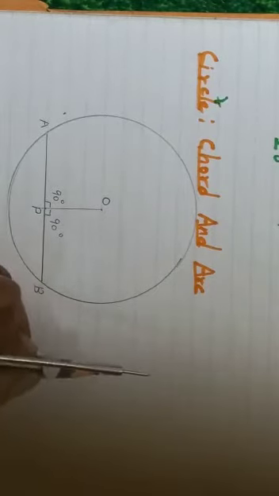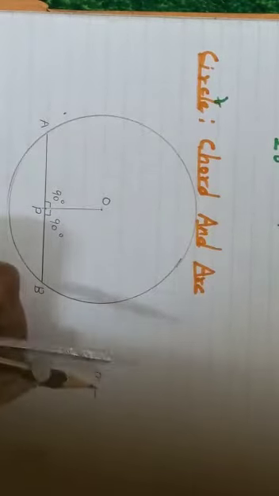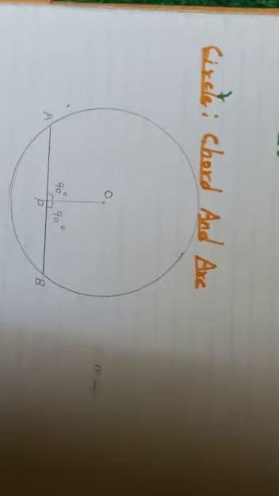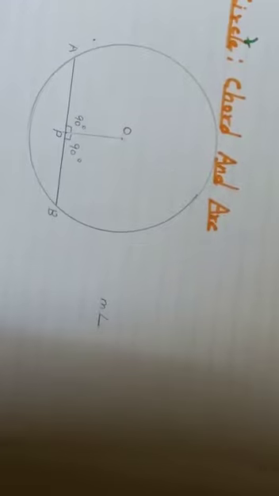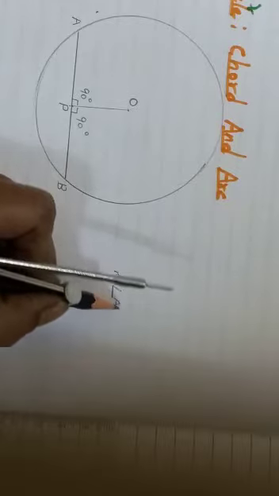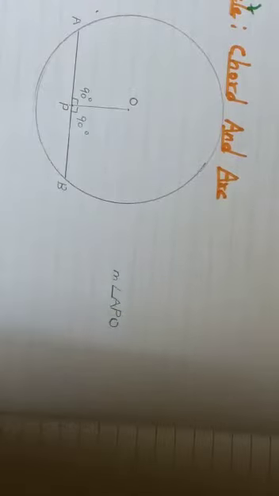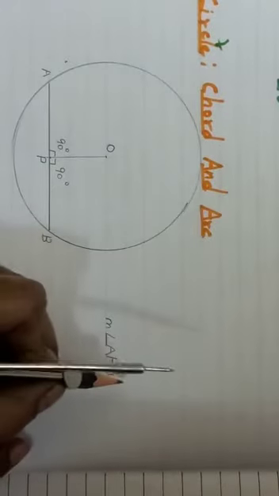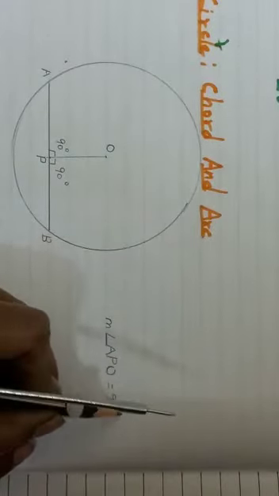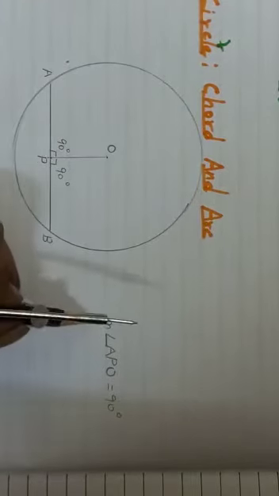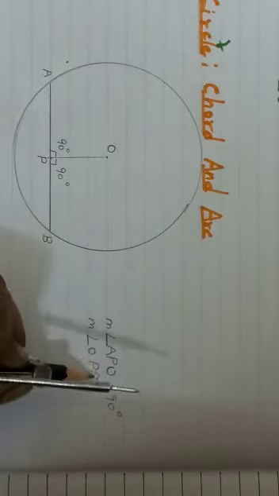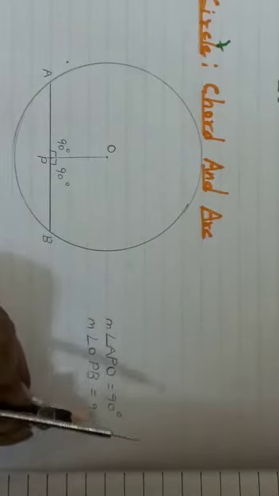So we will write measure of angle APO is equal to 90 degree and measure of angle OPB is equal to 90 degree.